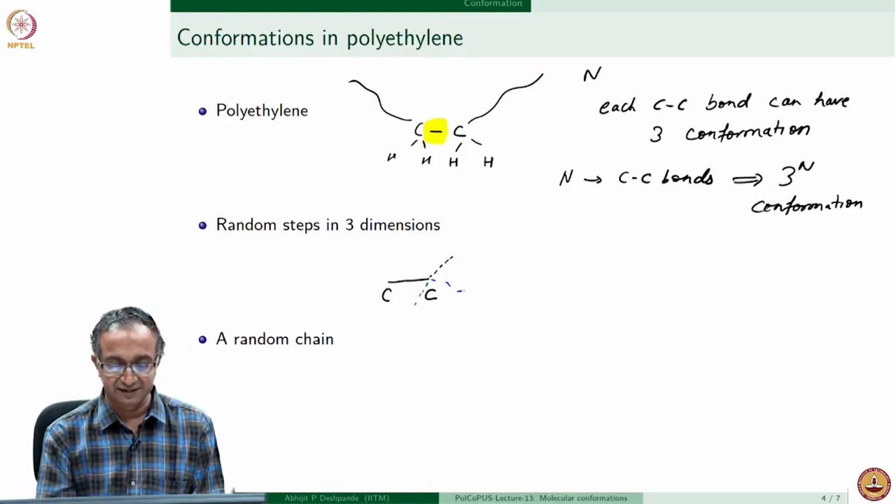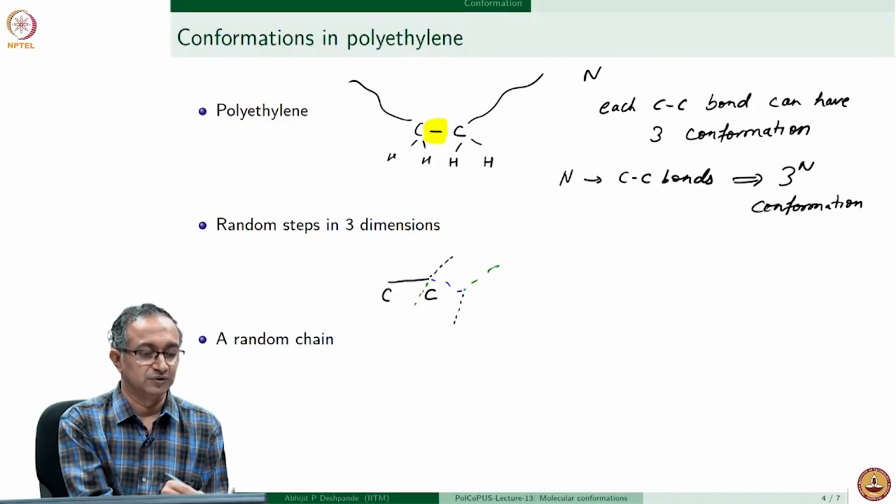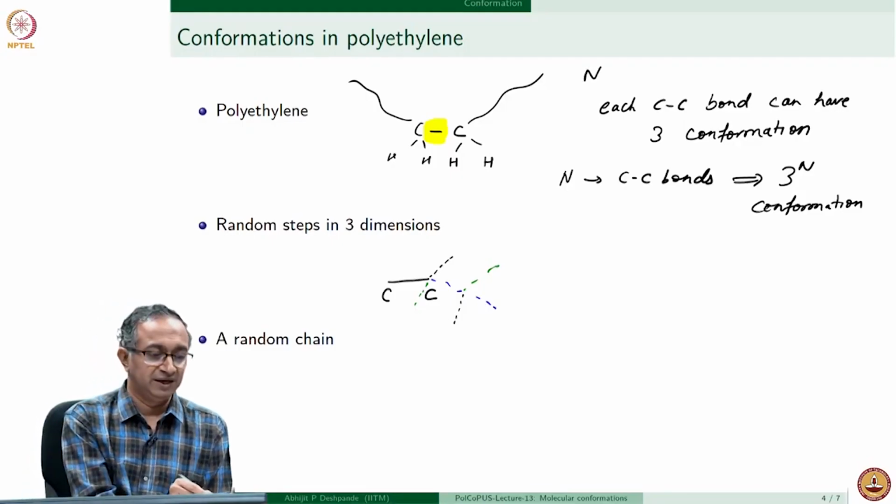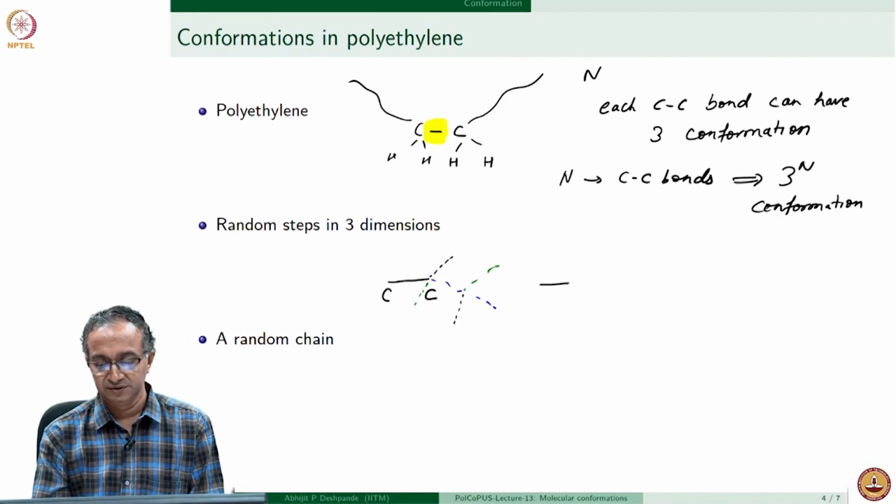So if I take the blue bond, what is the conformational state? Again I will have 3 options from this blue bond also. So effectively, when I start drawing, I may get a single bond, second bond, third bond, fourth bond, fifth bond.